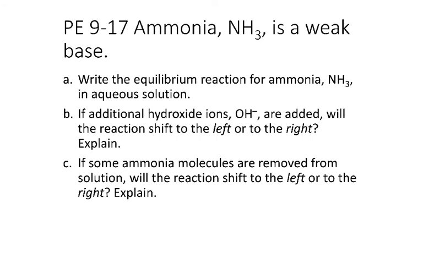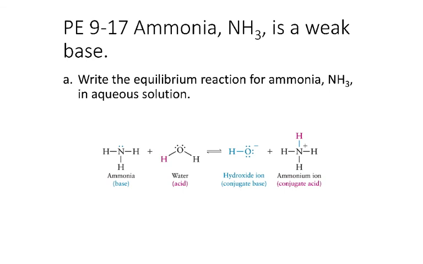So you can pause this and work through this for yourself, and then I will show you what I've got. The equilibrium reaction would look like this. We have ammonia and water on the reactant side, and it will produce the hydroxide ion and ammonium ion on the product side. Now, if we add hydroxide, what happens?